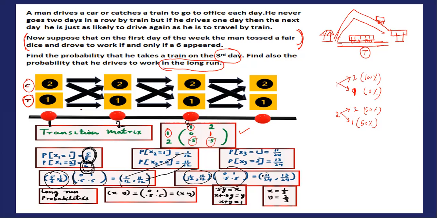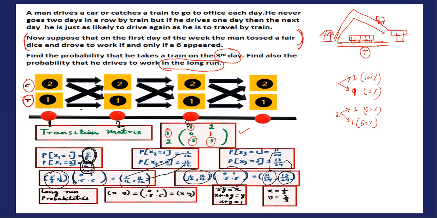You will get the probabilities here. So again these numbers are here. Probability that X3 is equal to 1, 1 meaning traveling by train, is 11 by 24. Probability that he will drive to office, that is 2, is 13 by 24.